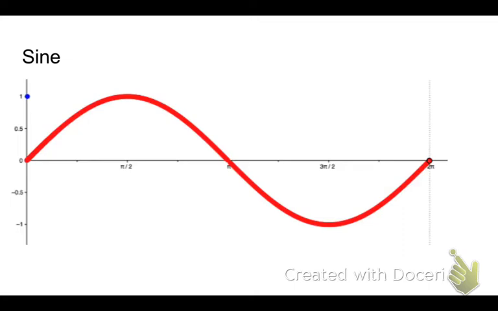The maximum of both sine and cosine is 1, and the minimum of sine and cosine is -1. Tomorrow we're going to talk about some other pieces of information as it regards to the sine and cosine graph. But as for today, I just wanted to do a brief introduction on the graphs of sine and cosine.